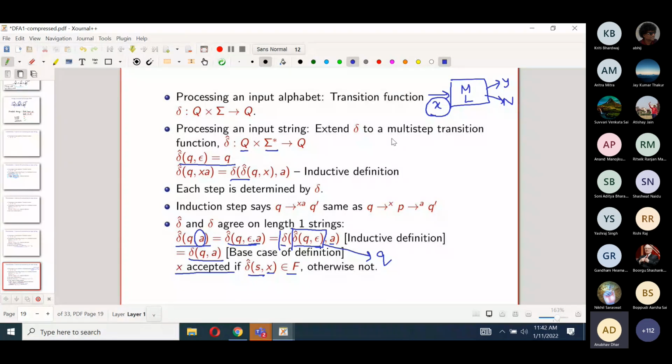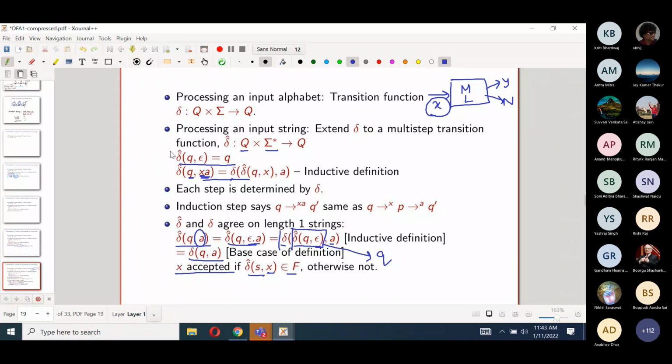Ma'am, but we can represent delta hat in a finite representation using the above recursion, right? We can first represent delta in its finite representation and then use the definition to represent delta hat in its finite representation. Yeah, but here it's very dependent on what I have in Q and XA, right? So XA is coming from a countably infinite set. Yes, ma'am, but the description can be finite.